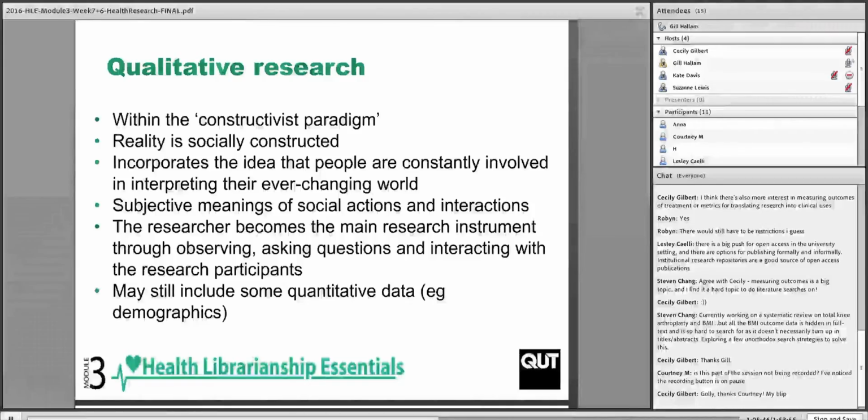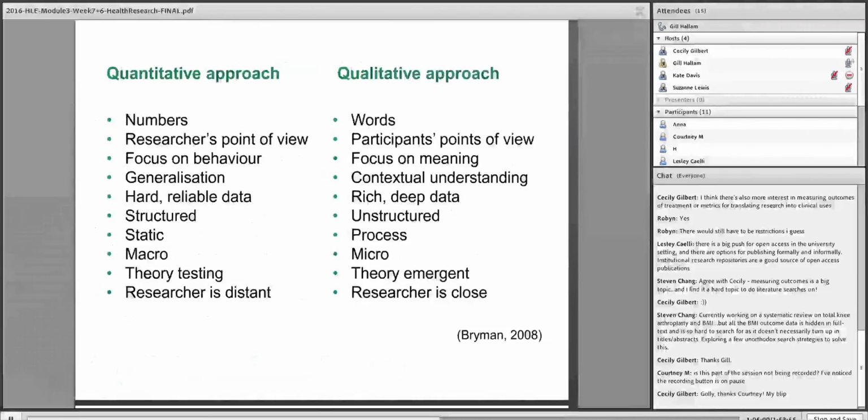It doesn't exclude the opportunity for some quantitative data, such as demographics, understanding who the research subjects are. That is really important, and that might be considered quantitative data. That gives you a quick overview of some of the different aspects. Quantitative looks at numbers, qualitative looks at words.